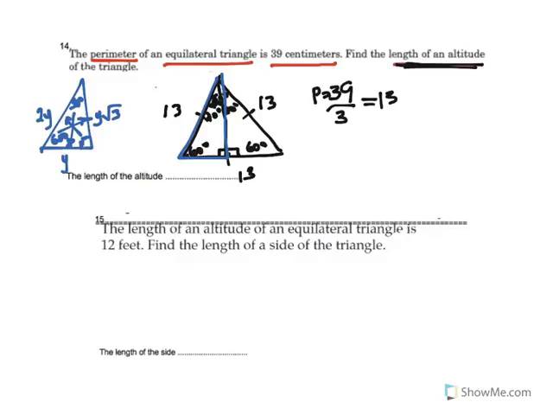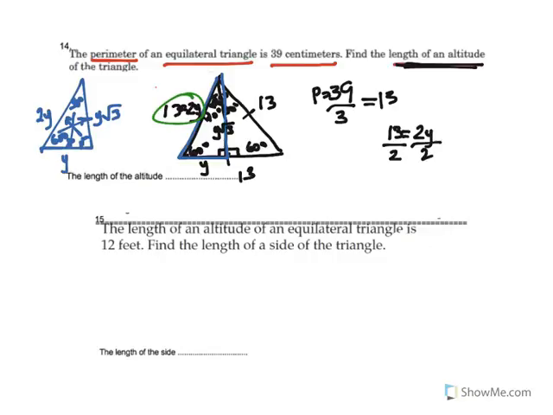I'm going to let my guide figure show me where to put the information on the original figure. So this side here is 2y, this side here is y square root of 3, and this side here is y. Now I find the number on the figure, they give me 13 equals 2y. This becomes my equation.